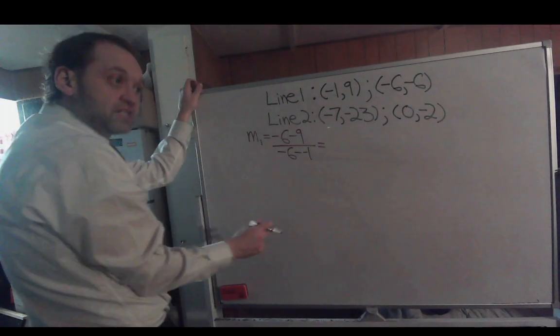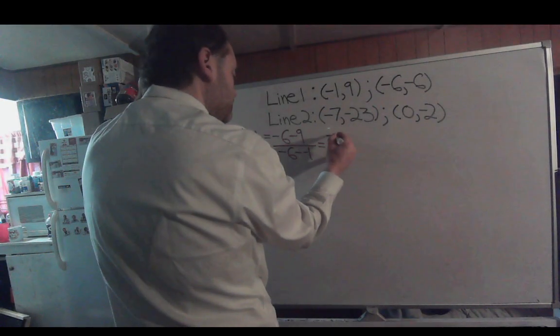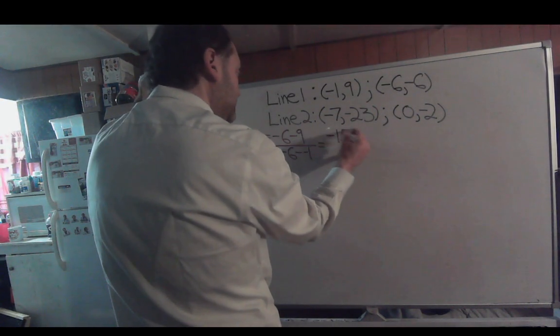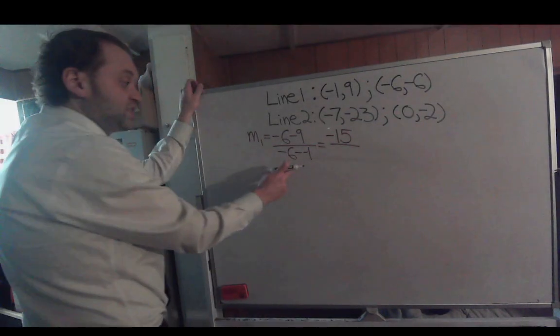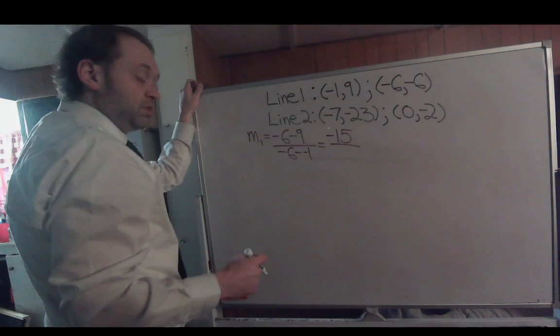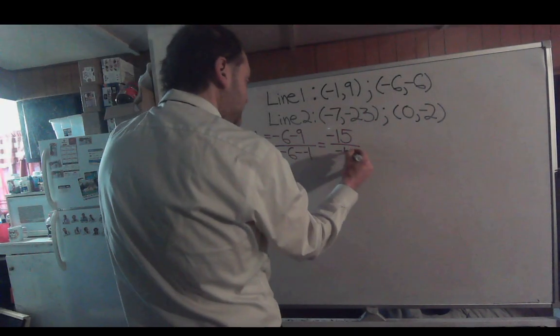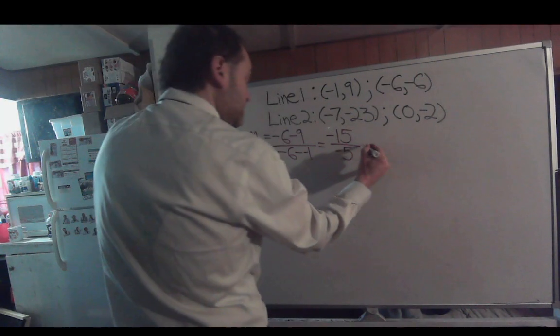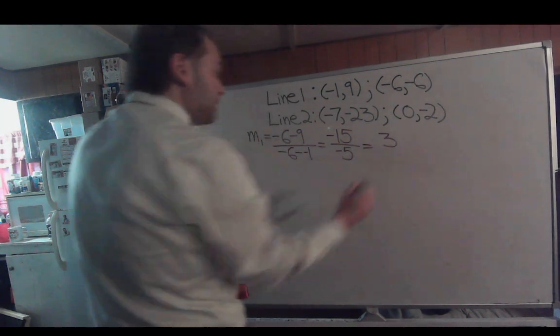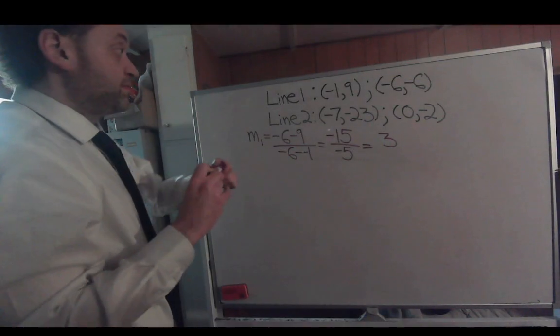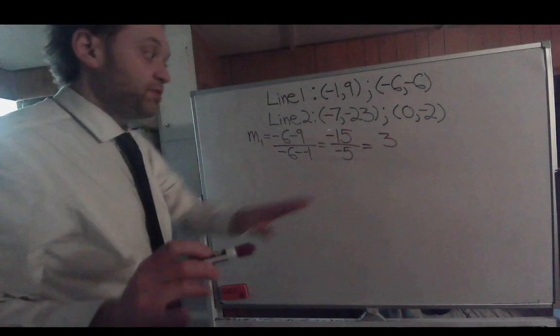Well, -6 minus 9 is -15, over -6 minus -1, which turns into -6 plus 1, giving you -5. This gives you a slope of +3. So the slope of line 1 is +3.